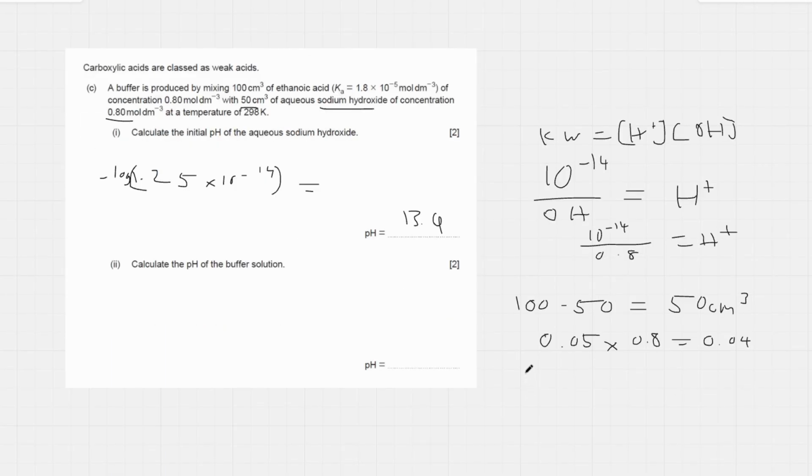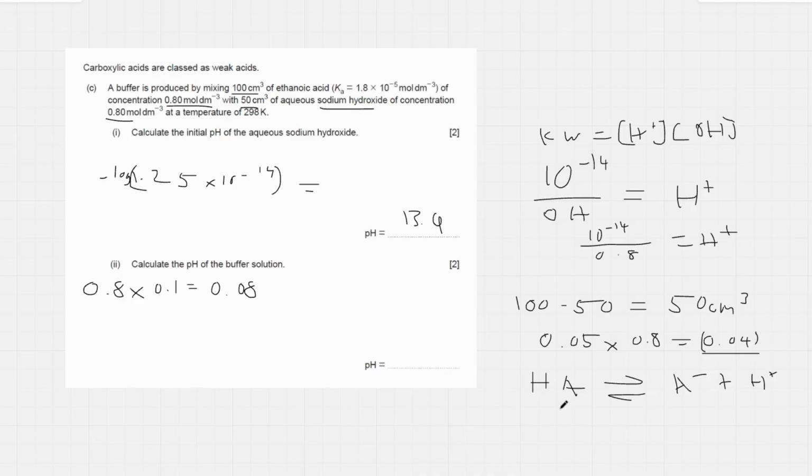And drawing out the equation here, we're just going to draw this equation again. HA goes to A minus plus H plus, and then we can see that half the amount of the initial HA has been used up, because if we do this calculation over here, 0.8 times 0.1, we get the initial amount of moles, 0.08. We see half the amount of moles remaining, 0.04.